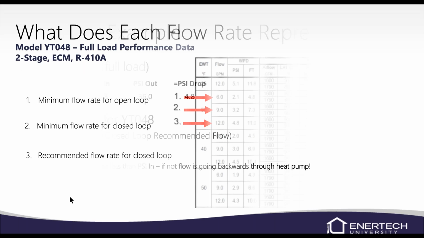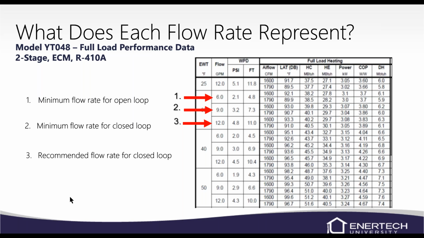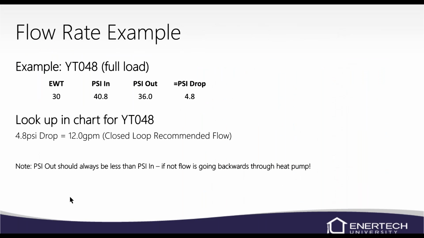So if we go back here and look at this chart, we go to the 30-degree entering water temperature. We had a 4.8 pound pressure drop. So it tells us that that's 12 GPM. So now we know that we've got the recommended flow rate for a closed loop system.